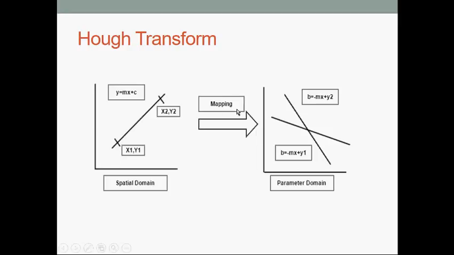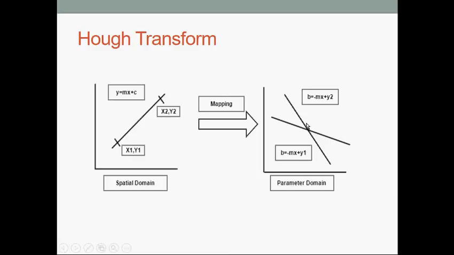When I represent these 2 points in the parameter domain, they will look like this, intersecting at one point. Now consider this line as a collection of points, meaning x1, y1, x2, y2, x3, y3, x4, y4.